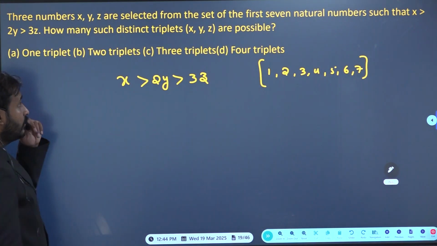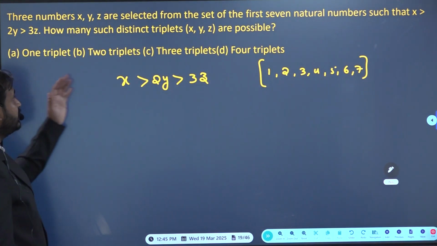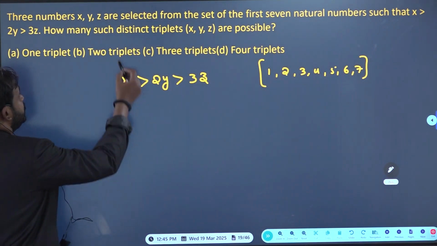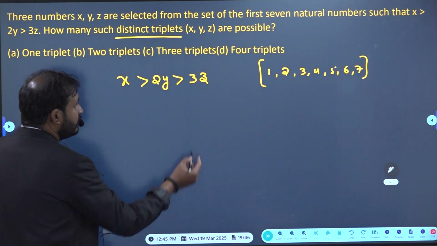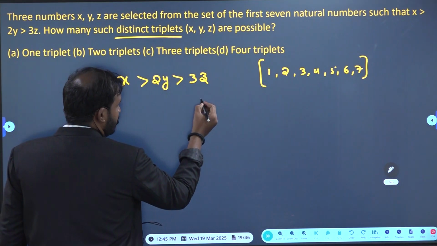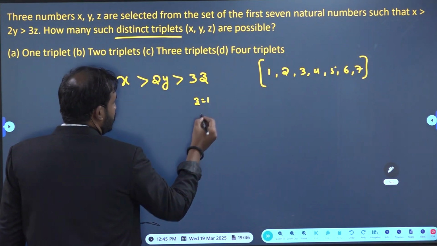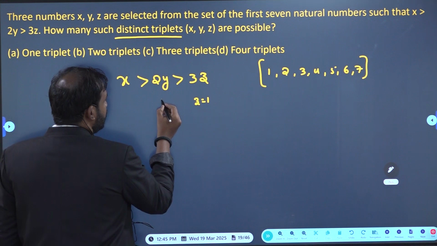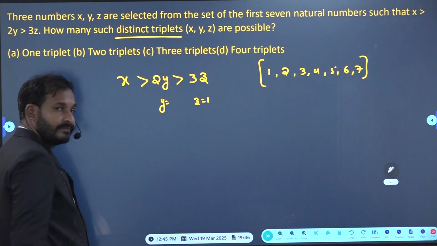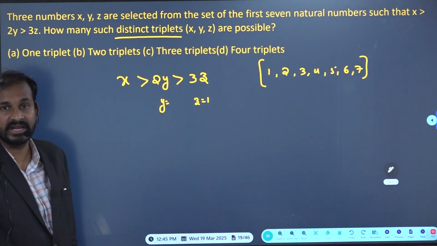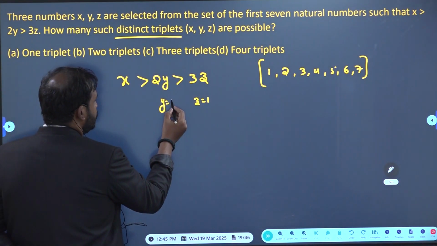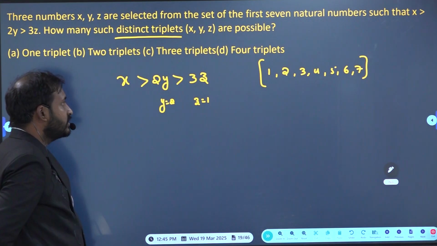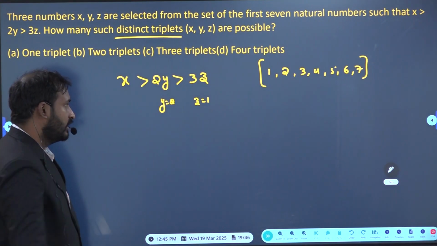Now they are asking how many distinct triplets there are, and I cannot take the same one multiple times. For instance, if I take z as 1, what are the possibilities I can have for y? I can take y as 2, because 2 twos are 4. There is a chance.